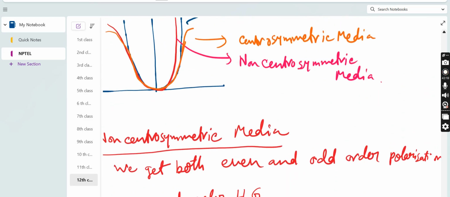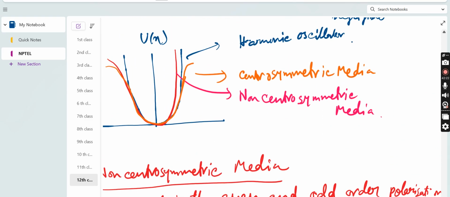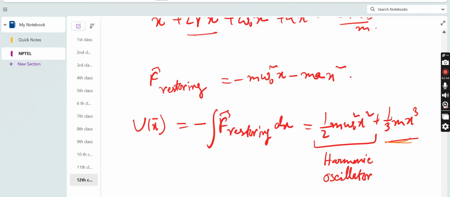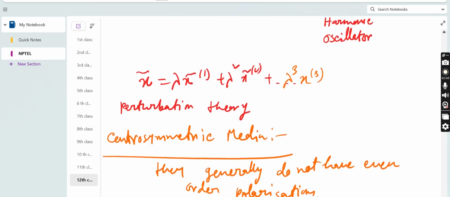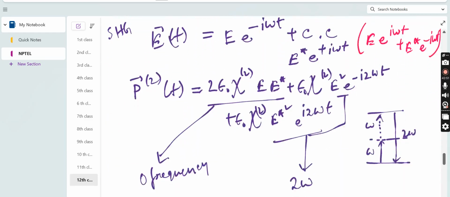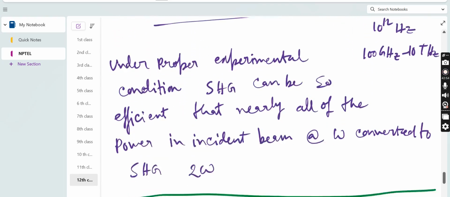Here you can see that even with non-centrosymmetric or centrosymmetric media, this region almost follows the harmonic oscillator up to this point. So the linear part will be there. If you have a harmonic potential, you get the harmonic oscillator term. So there will always be a linear contribution of polarization. Then comes the nonlinear contribution of polarization.